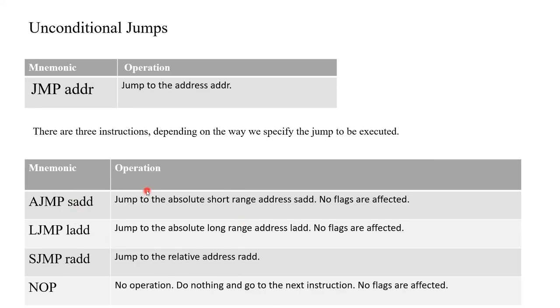Next we have NOP, which is no operation. Do nothing and go to the next instruction. No flags are affected by this instruction. Normally, since the system has to wait for some events to take place, we write NOP instructions.